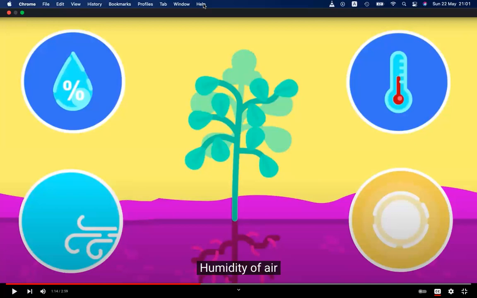That is why we become dry in the air conditioner. When the humidity is low, there is a higher tendency to evaporate. Therefore, it will absorb water.